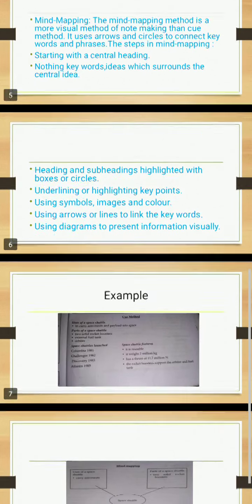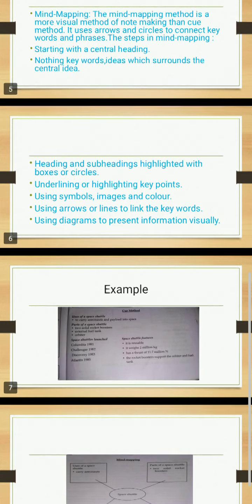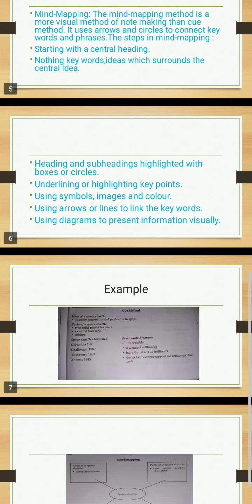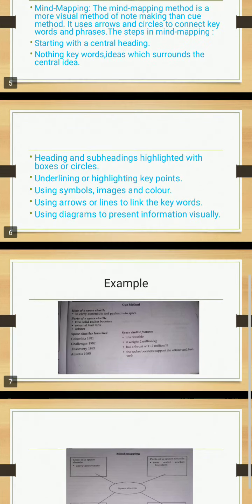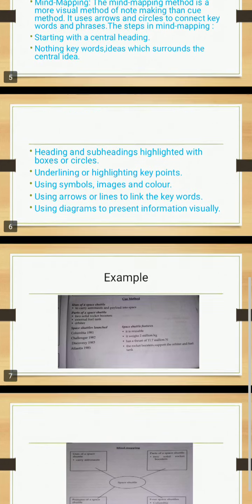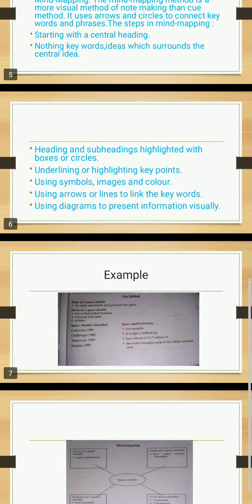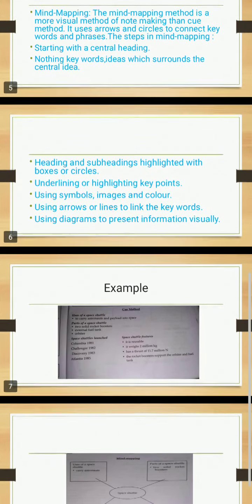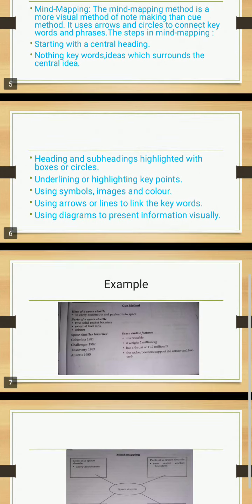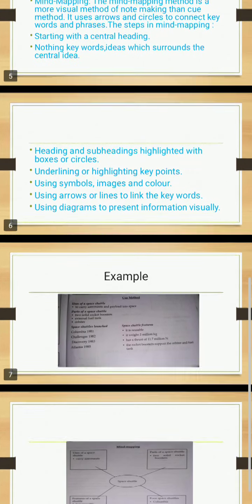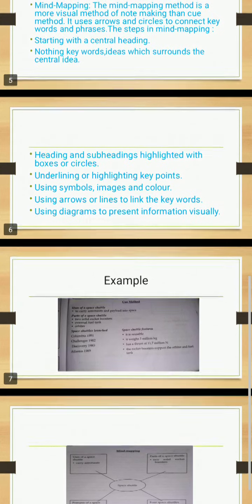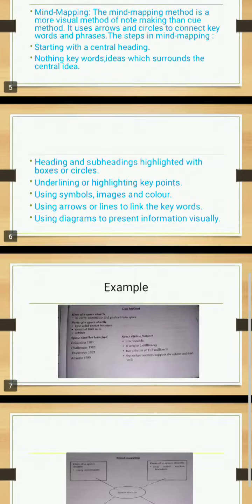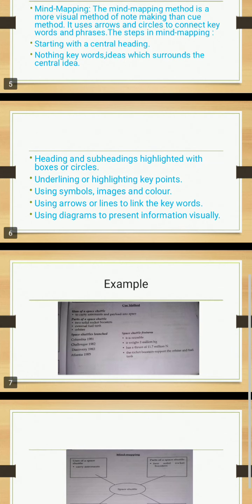The fourth important point is underlining or highlighting key points. The fifth point is using symbols, images, and colors. The sixth point is using arrows or lines to link the keywords.